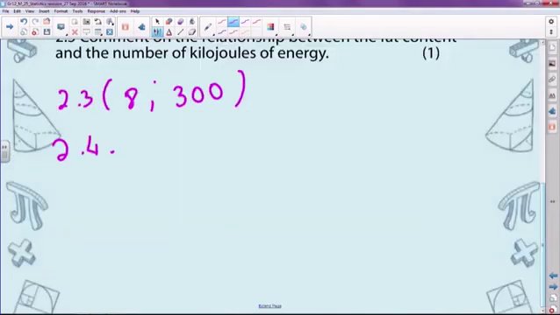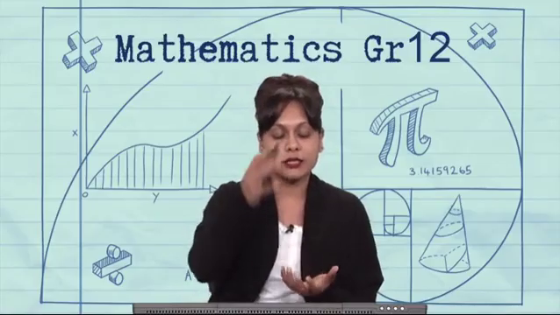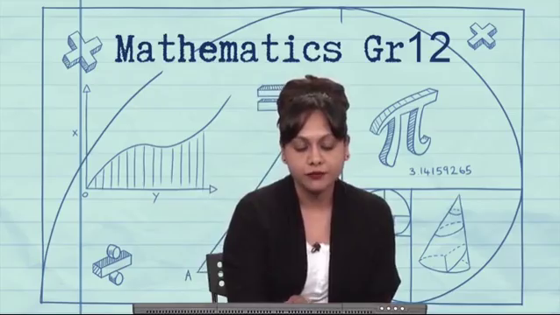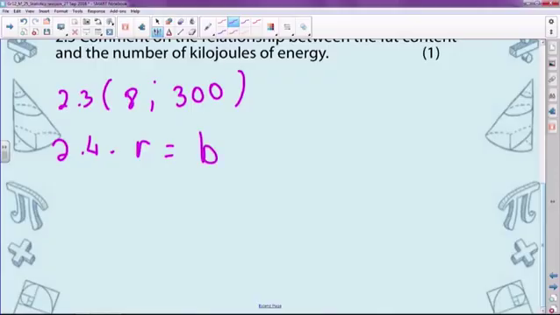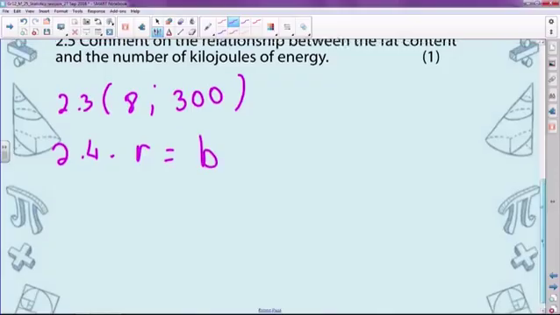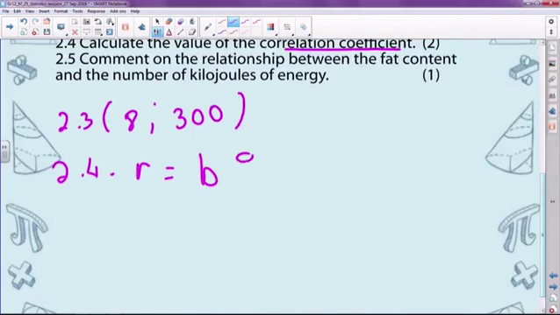Okay, there's different ways that you could work this out. The one thing that you might decide to do is, well, remember that, or look at your formula sheet and see that r is given by the following: b, which is the gradient of your least squares regression line, times the standard deviation of x divided by the standard deviation of y.